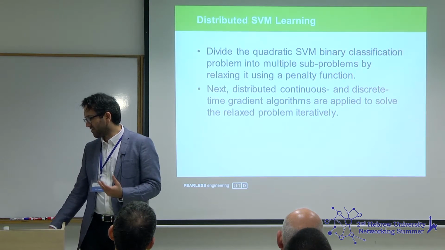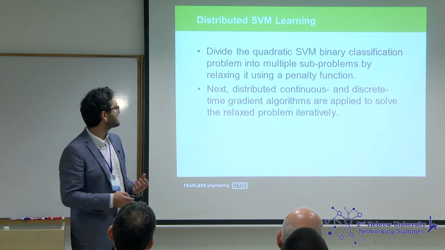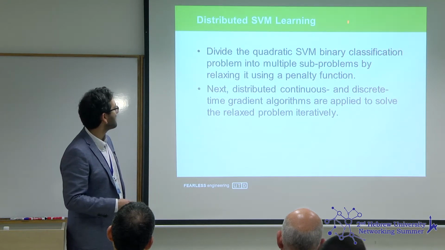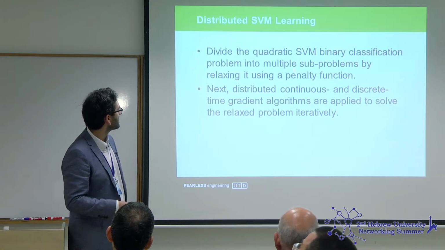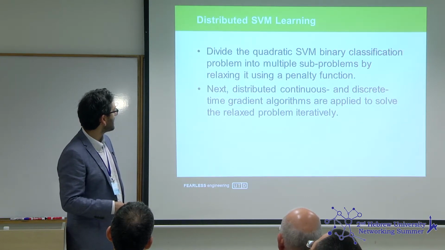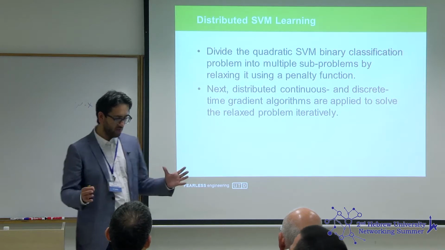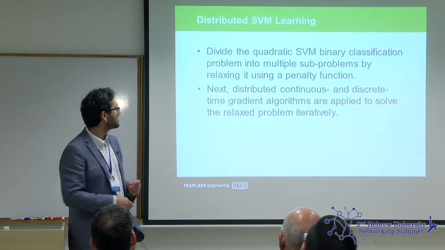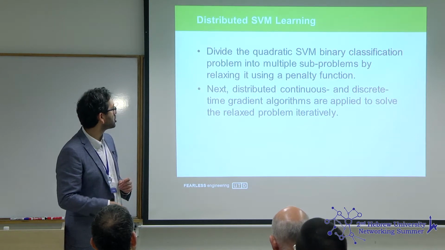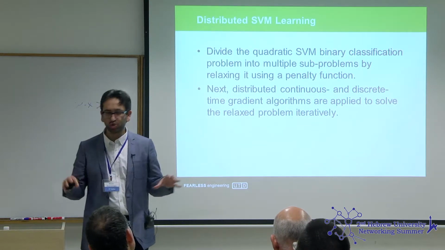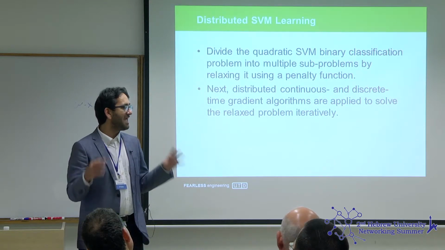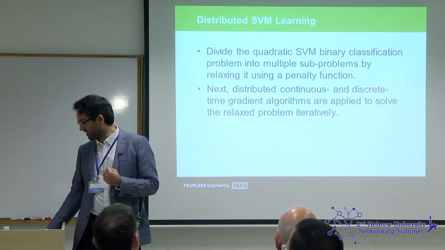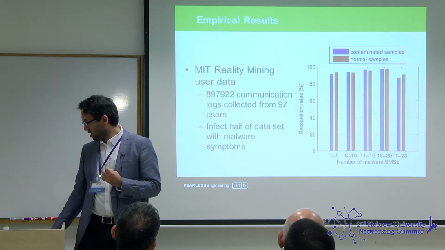In the distributed setting, usually there is this SVM, a binary classifier, and you need to have all the data under one root. Now you can do a distributed version of it to solve the problem. Each node, each mobile device, may do part of the learning, and you can combine them to learn the final model.